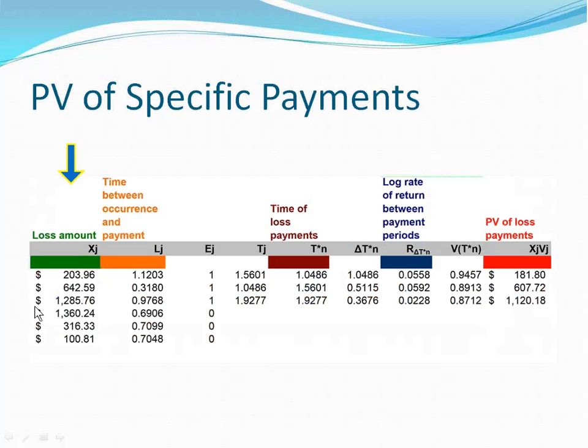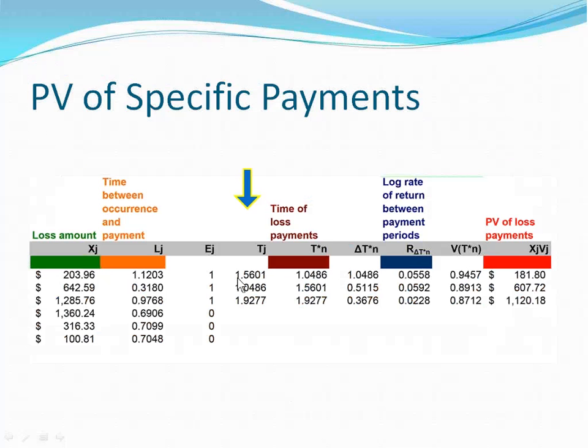Now, suppose we want to calculate the present value of specific payments. For example, this first loss event, the loss amount was $203.96. What we want to do next is find out when this particular claim is ultimately paid.